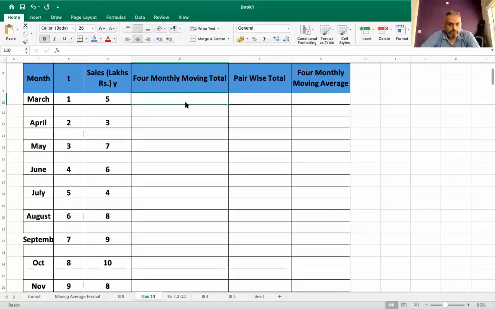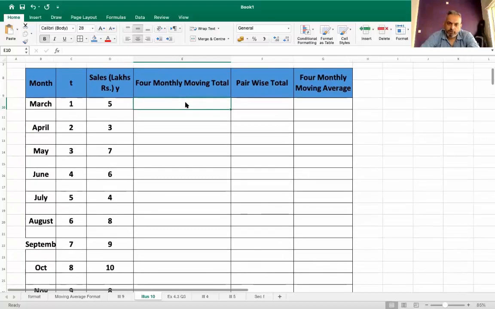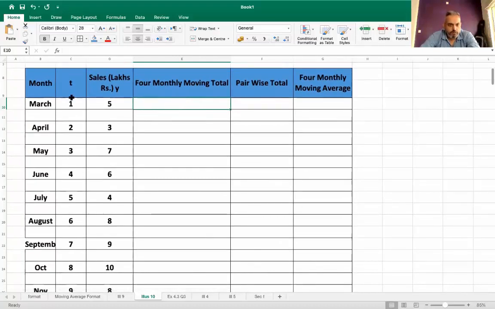Now over here, the 4 monthly moving total. So as you know, you have 1, then 2, then 3, and then 4. So what we will do is, between 2 and 3, here we will write the total in the center. That's why we have left one line blank.